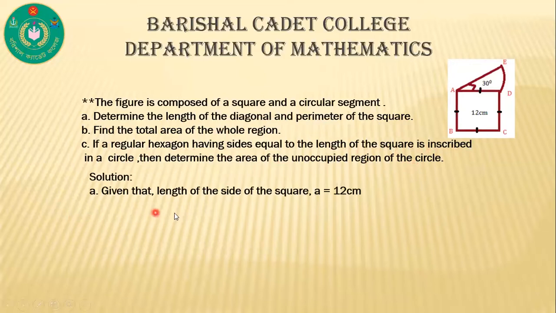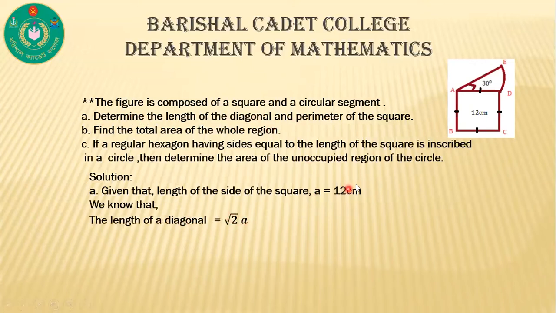Solution: given that the length of the side of a square A is equal to 12 centimeter. Here we can find the length of diagonal and perimeter. We know the length of the diagonal of a square is equal to root 2 a.